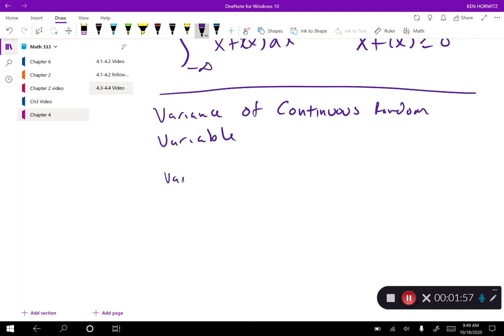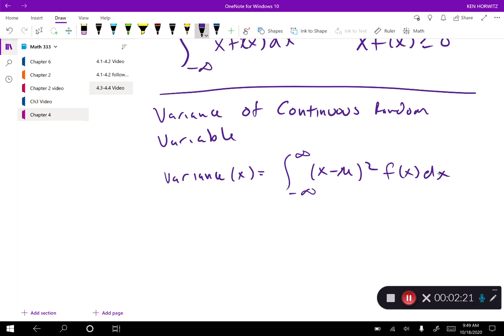So the integral from negative infinity to infinity of x minus mu squared times f of x dx.